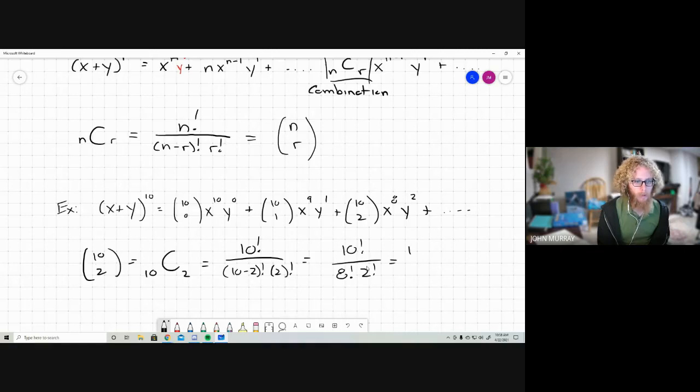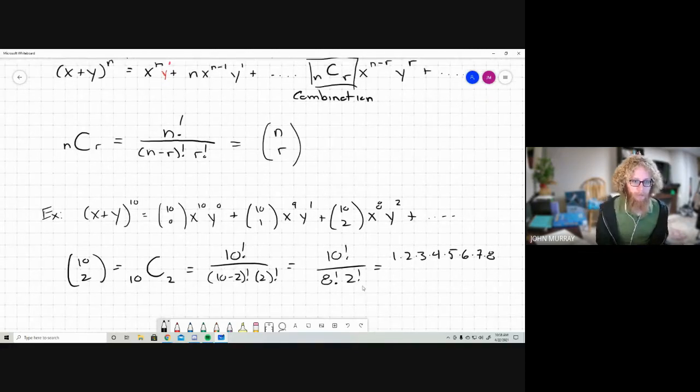But remember, we can write this out. This is my 10 factorial on top, all the numbers multiplying up to 10.